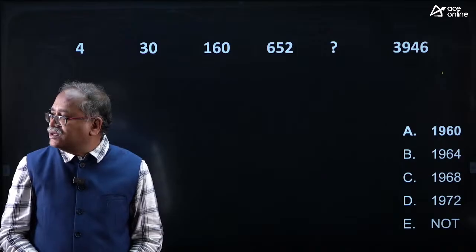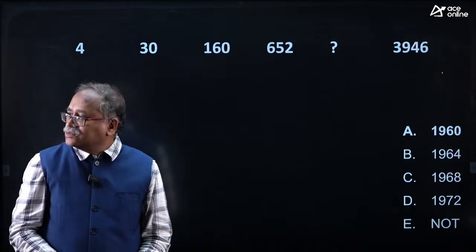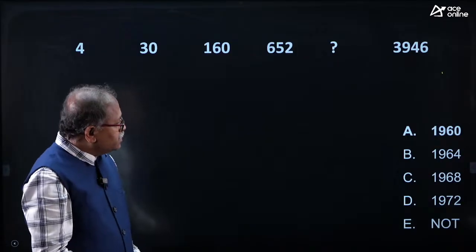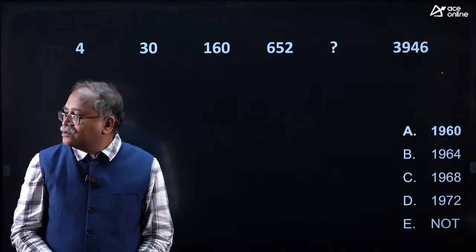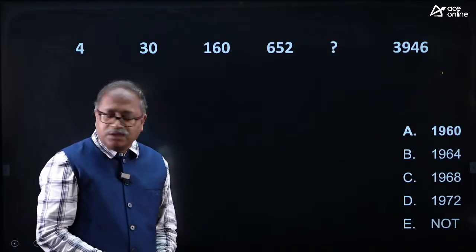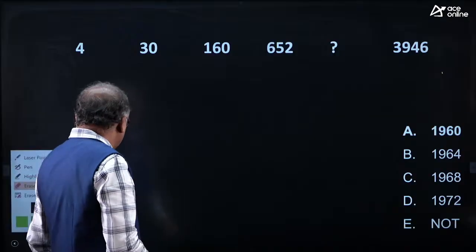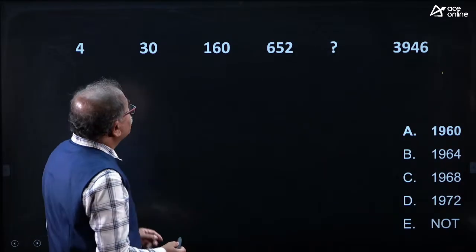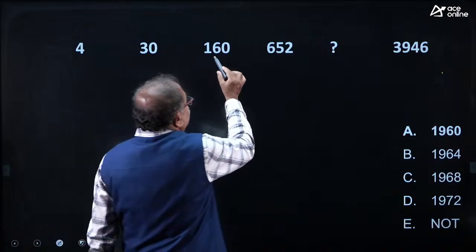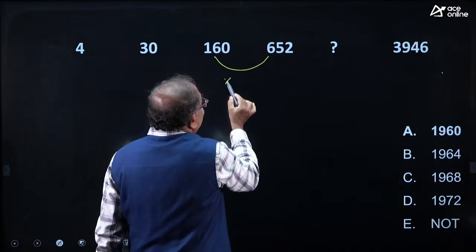Appal Naidu has changed his answer. 1972, that means option D. So, which one is correct? I will just wait because Caroline is also working very quick. So, I will try this into 4.